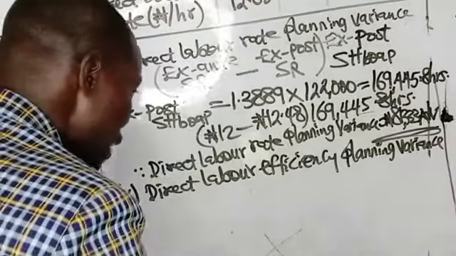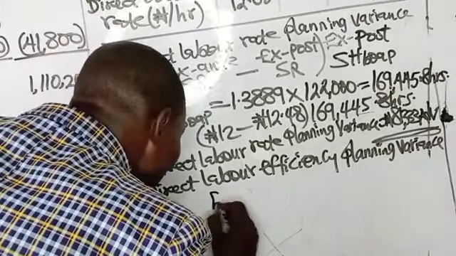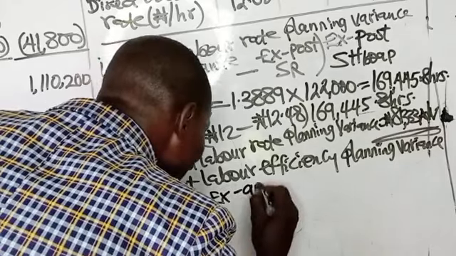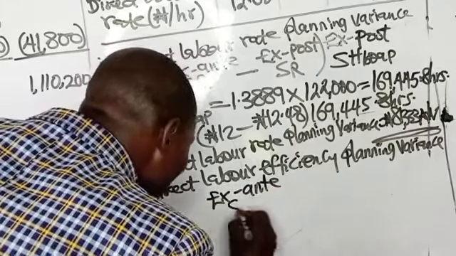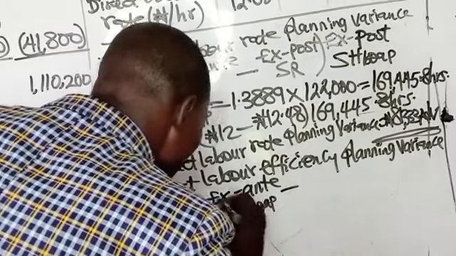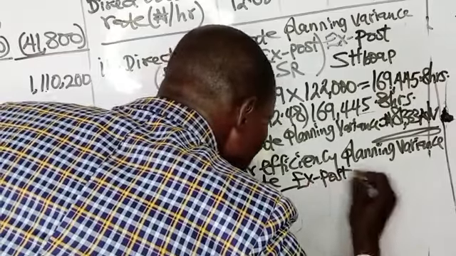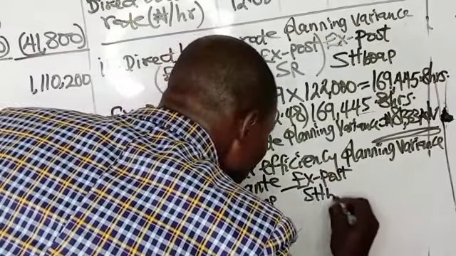Efficiency is measured in hours. In planning variance, you are comparing S and T with S post. S and T standard hour based on actual production minus S post standard hour based on actual production.